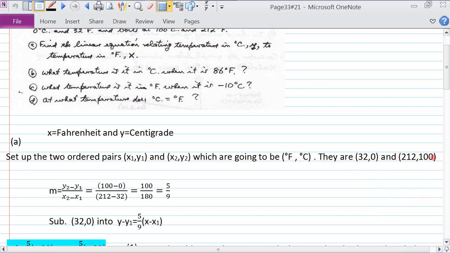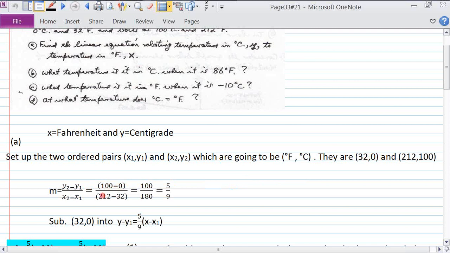And another set of temperatures which represents the boiling temperature of water is 212 on the Fahrenheit scale, which is 100 on the centigrade scale. So given that, we can find the slope by taking the difference in the y's, 100 minus 0, over the difference in the x, 212 minus 32. And that's what we're given right here.